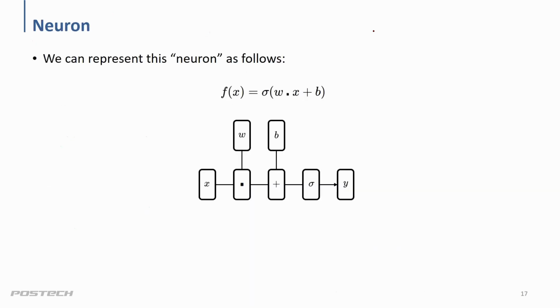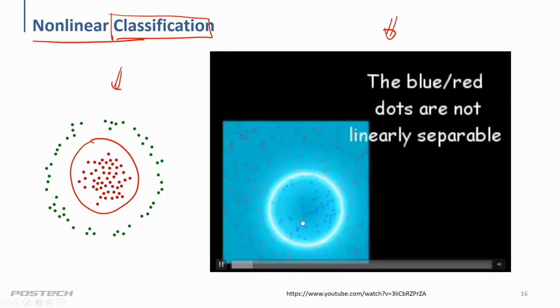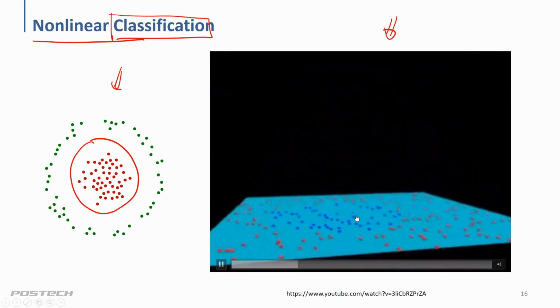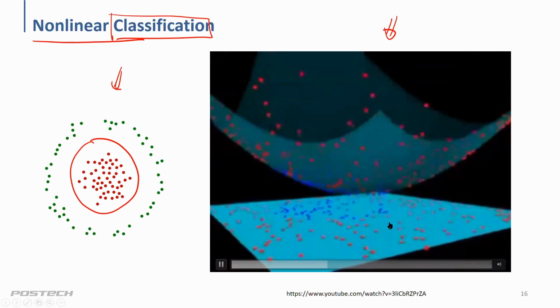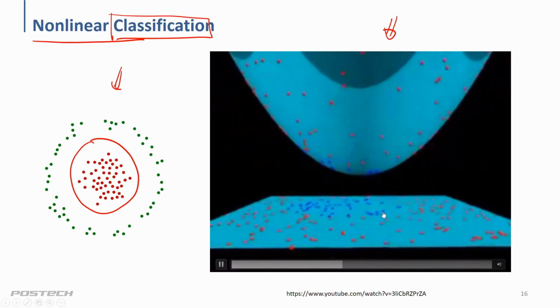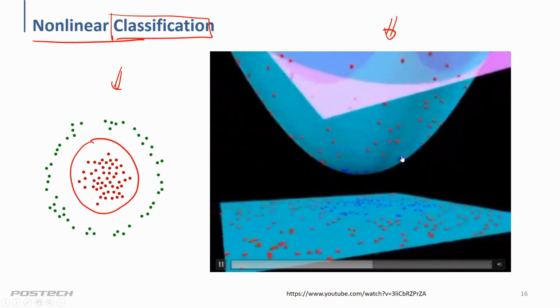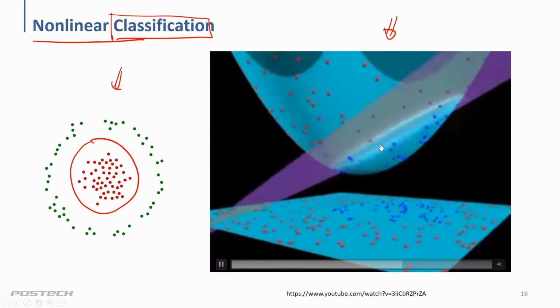Now I increase the dimension to a higher one. Now this is not linearly separable, but if you do it like this, now the data is distributed in 3D space instead of 2D space, and in that case it's linearly separable, like with these hyperplanes.